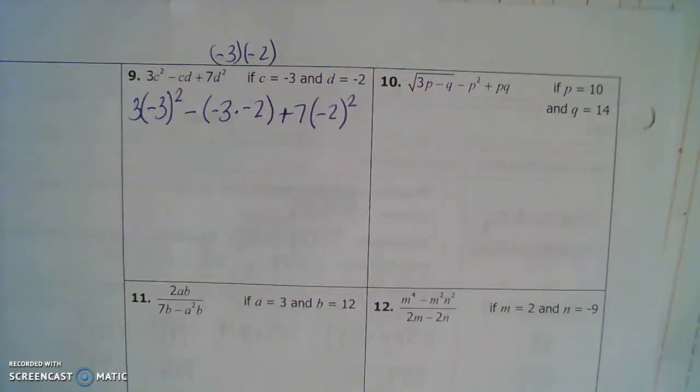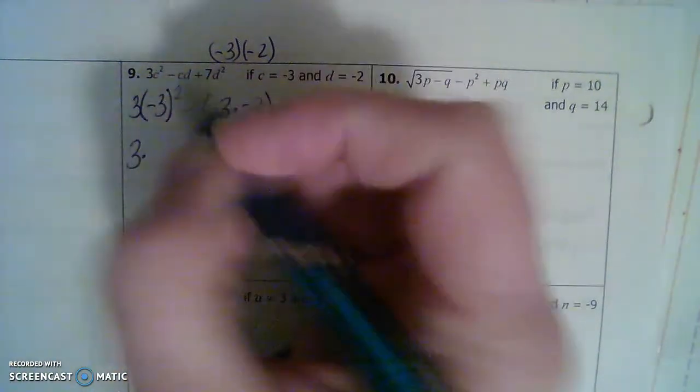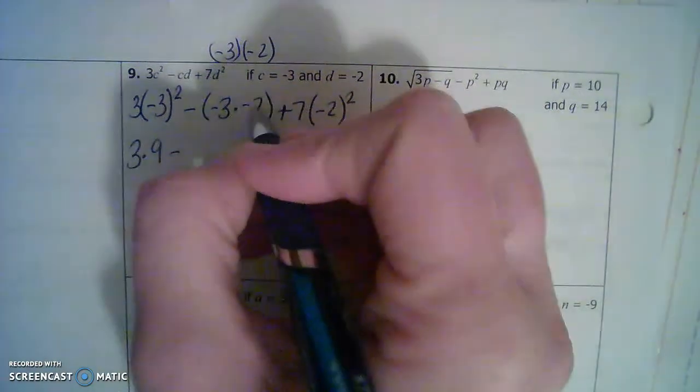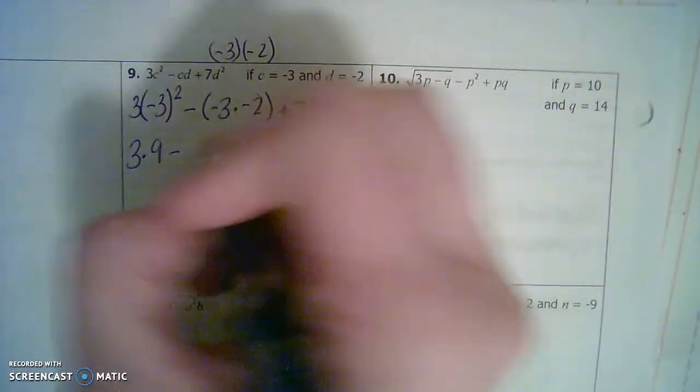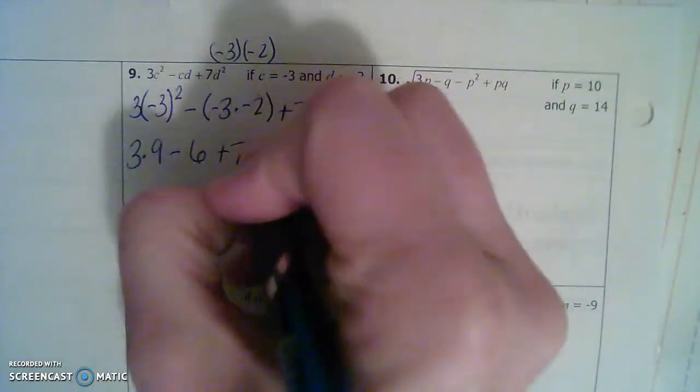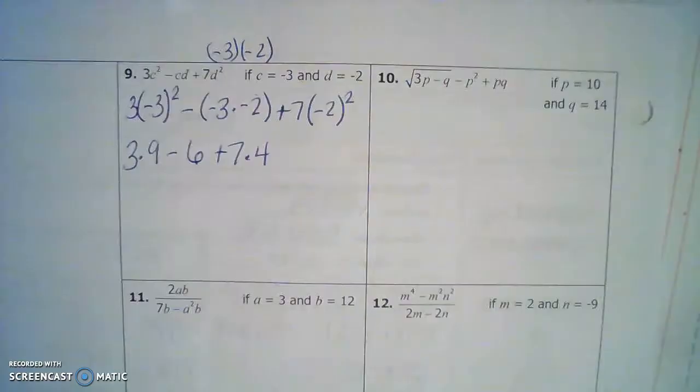So again, the first step is to just rewrite the problem, but put your numbers in place of the variables. So I'm going to bring down 3 times negative 3 squared is 9, minus negative 3 times negative 2 is positive 6. I can do that right away. Plus 7 times negative 2 squared is 4.